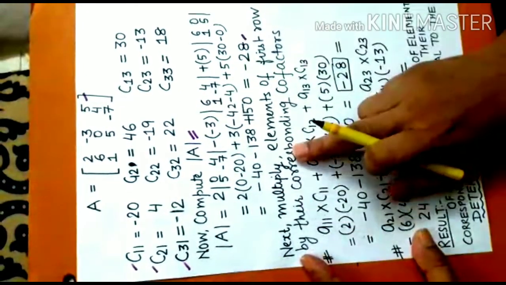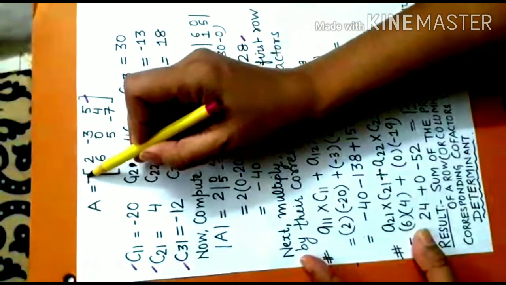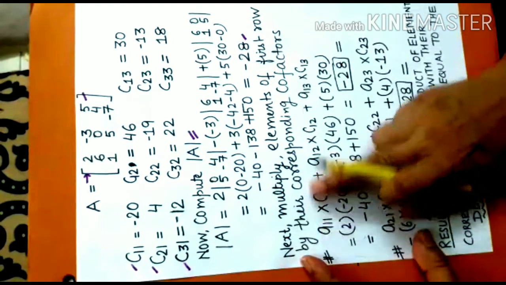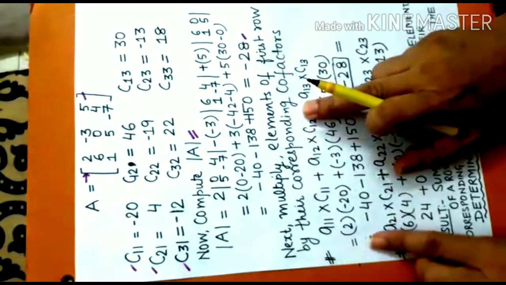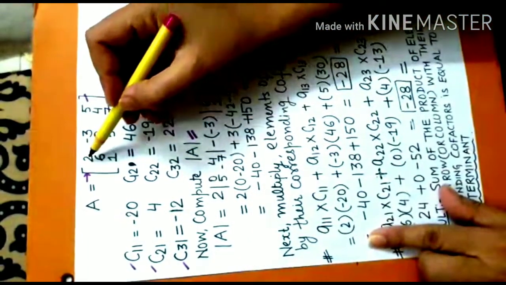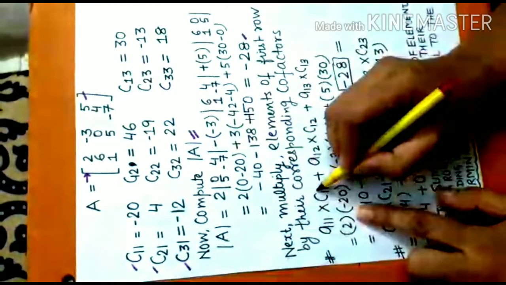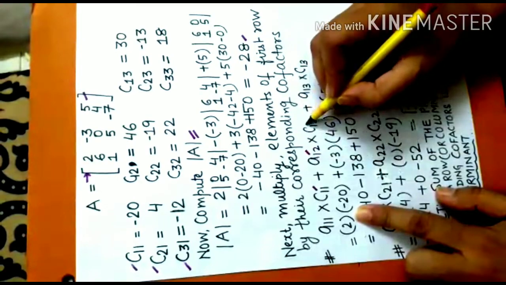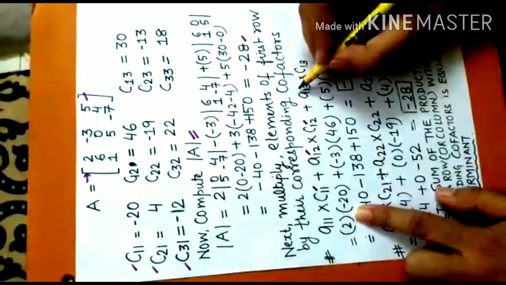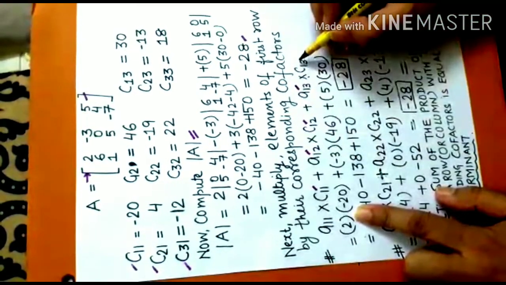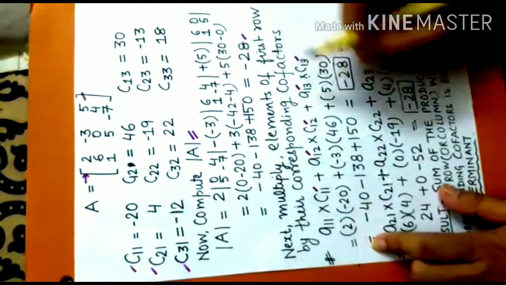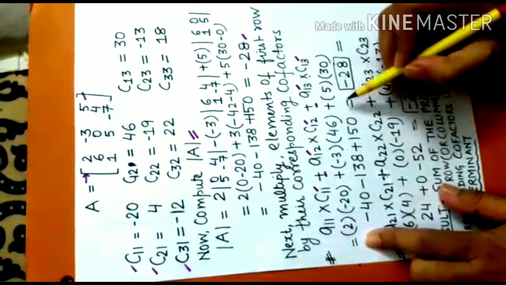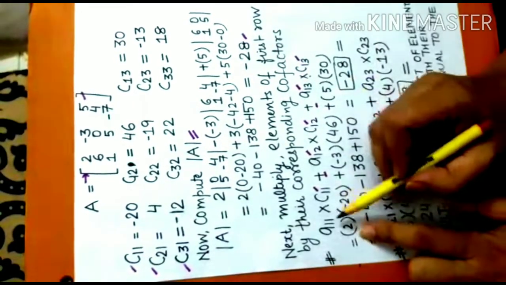If we multiply the elements of the first row by their corresponding cofactors, that is, if I multiply A11 with its cofactor C11, A12 with its cofactor C12, A13 with its cofactor C13, and if I add all these products, then what do I get?